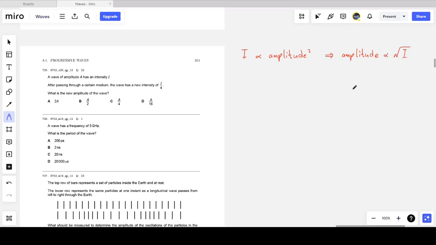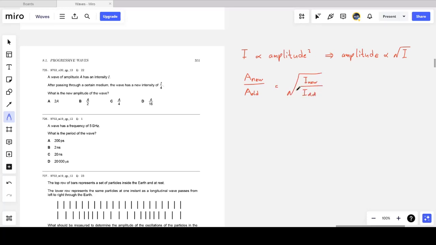I'm just flipping this equation around. That means whatever the new amplitude is, if I divide it by the old amplitude, what I must get is that this will be equal to the square root of the new intensity over the old intensity.